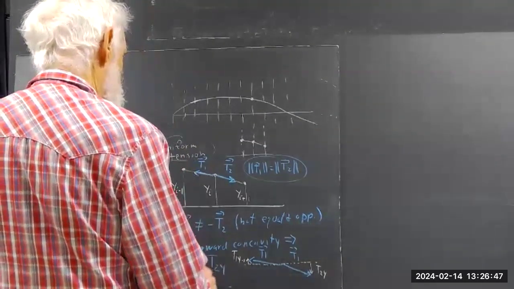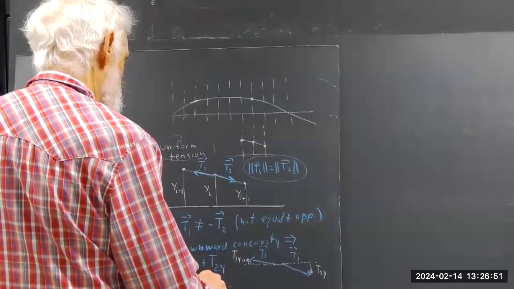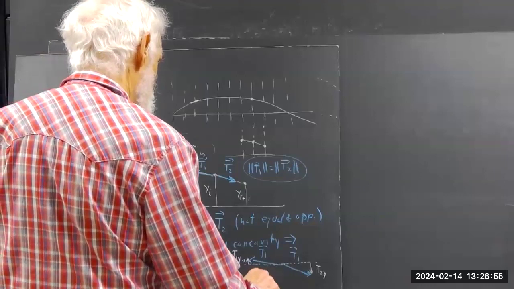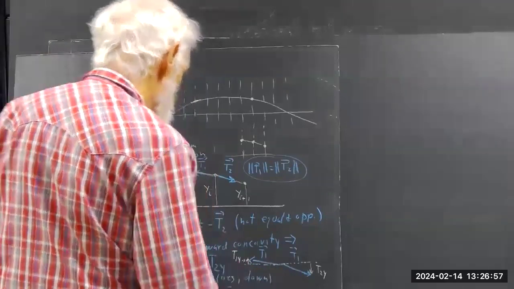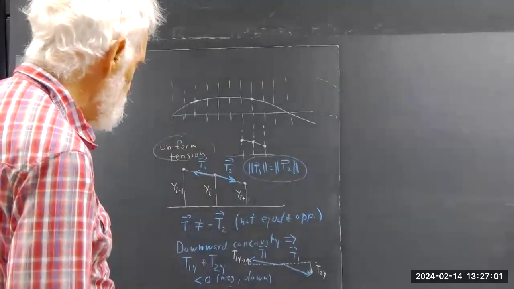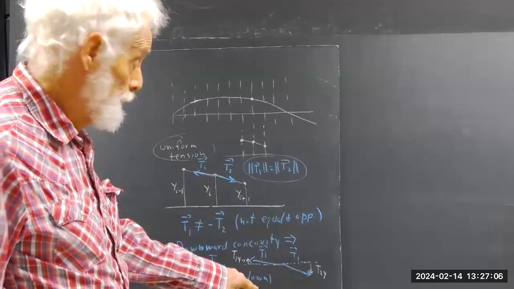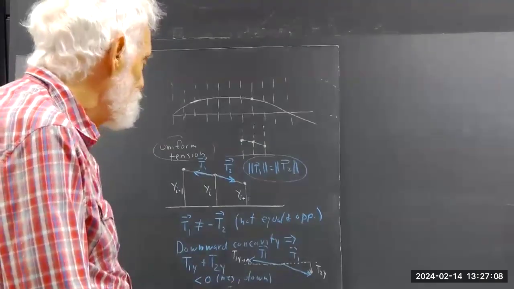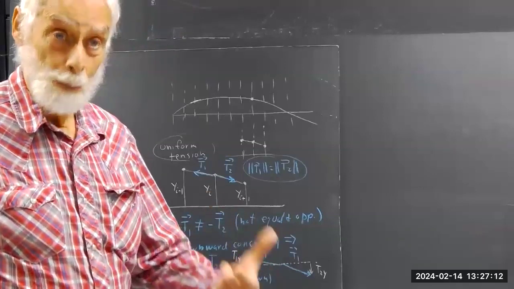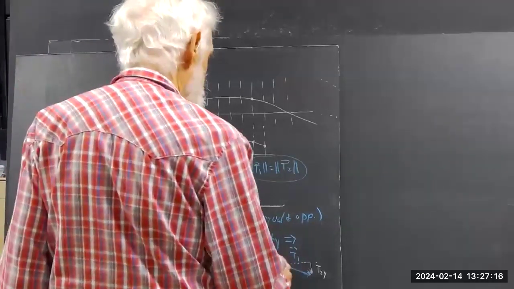The T1y plus T2y is less than 0, meaning that when we add the two y components, we get a negative resultant, and it's down. Now, T1x and T2x are also a little bit different, but that goes as the cosine of these angles, and these are very small angles.